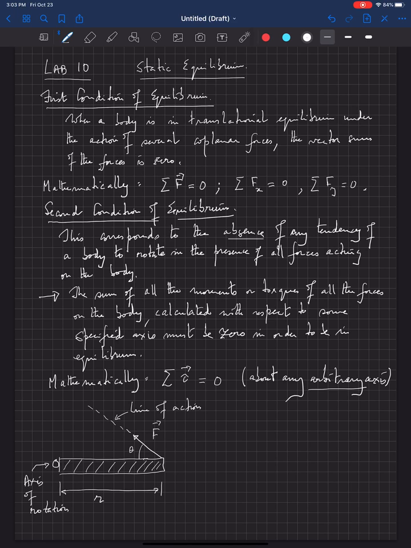Okay, and let this be the perpendicular distance. I will call this distance from here to here R perpendicular. Okay.